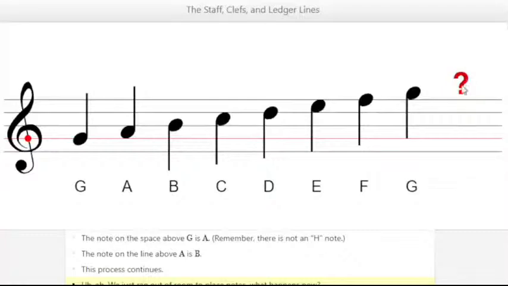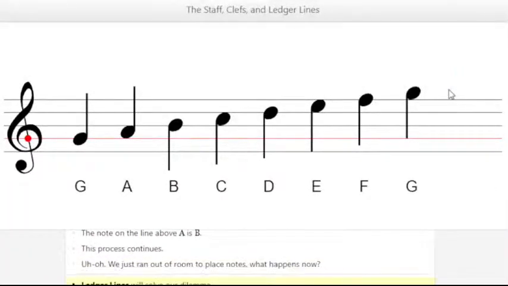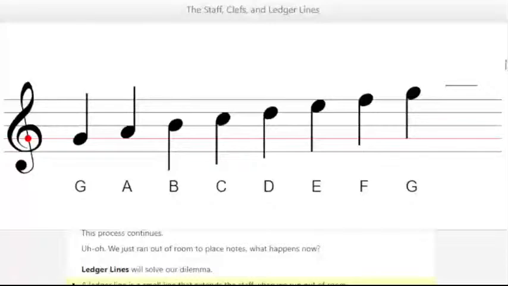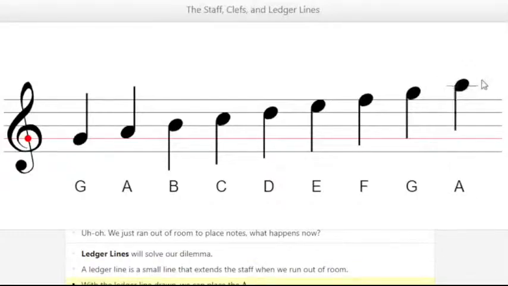So what do we do? We cannot draw an extra sixth line for the staff, otherwise we will not be drawing a staff. So that is where these lines called ledger lines solve the problem. A ledger line is a small line that extends the staff when we run out of room.